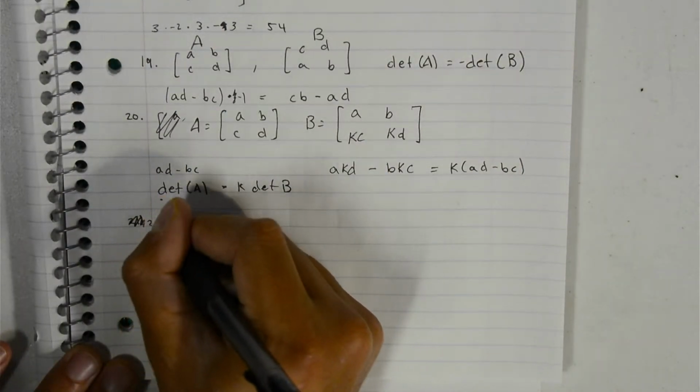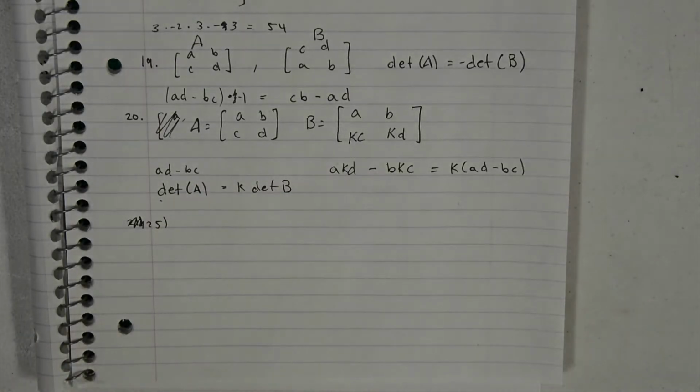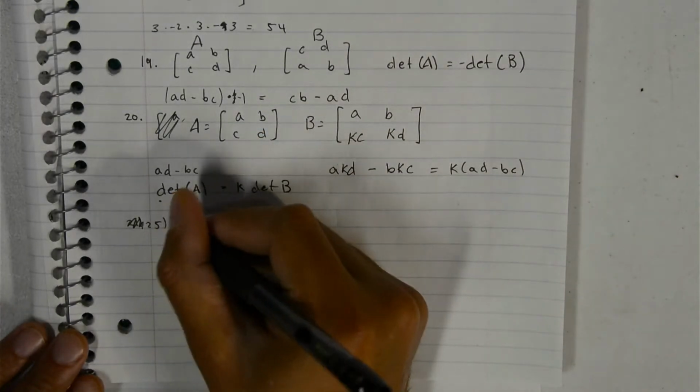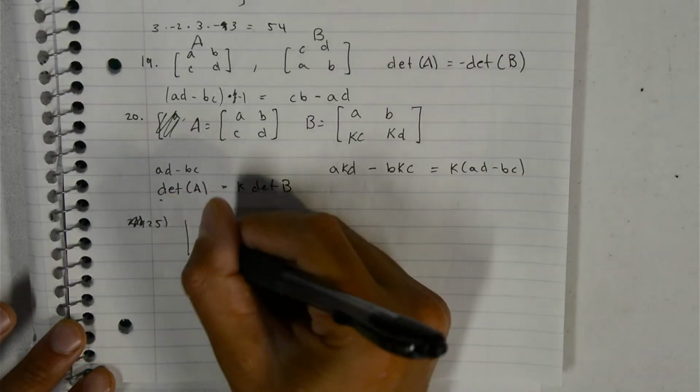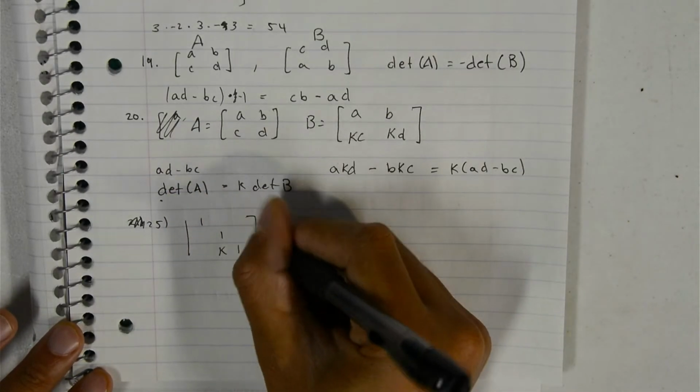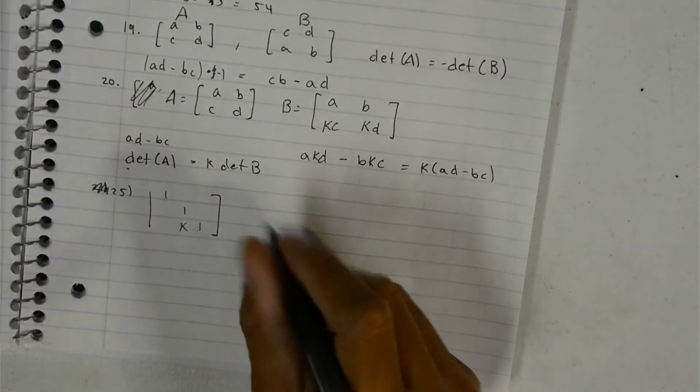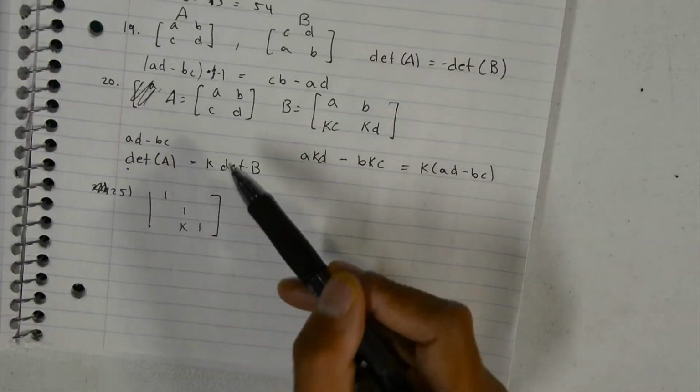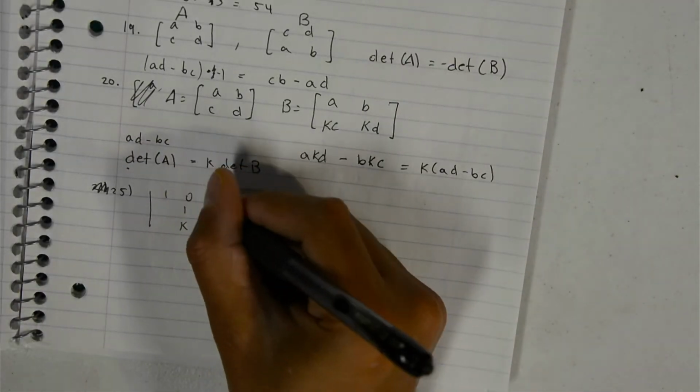Let's just do 25. Okay, problem 25. Compute the determinant of the following. So we have 1, 1, 1, and all the rest are zeros. Because this is triangular, let's fill in the zeros.